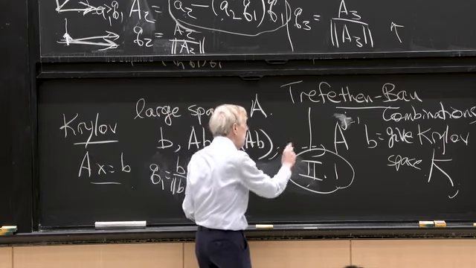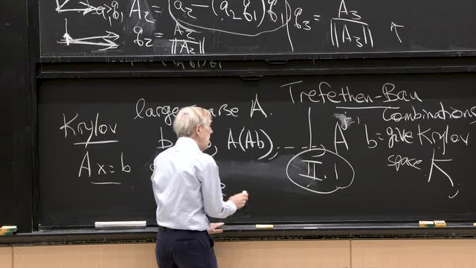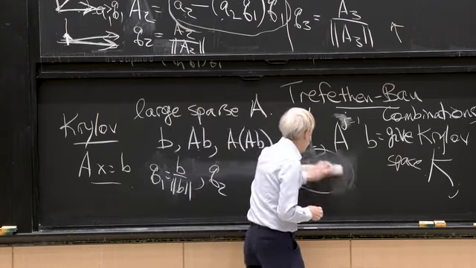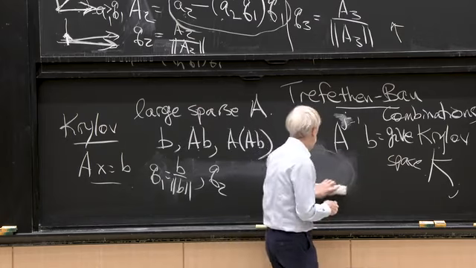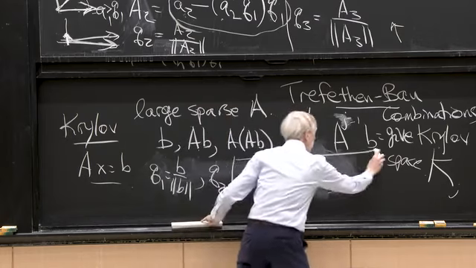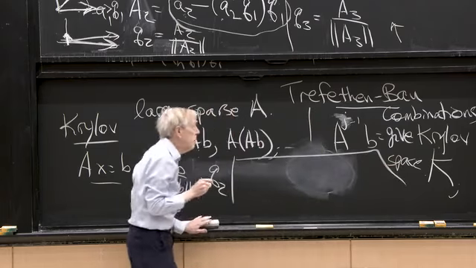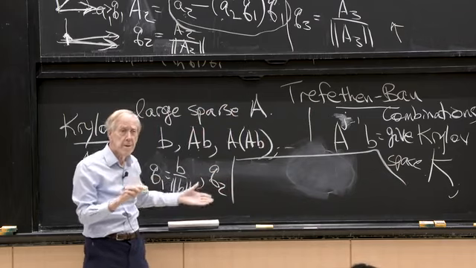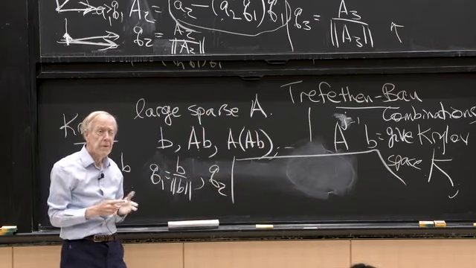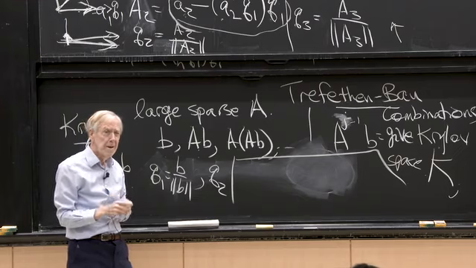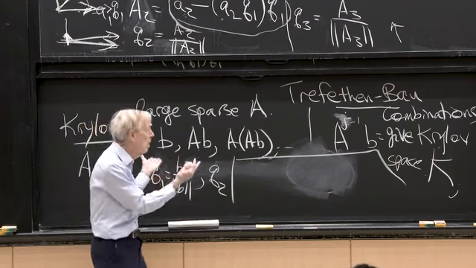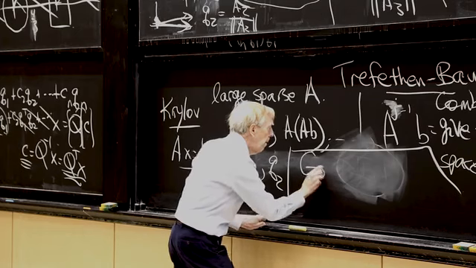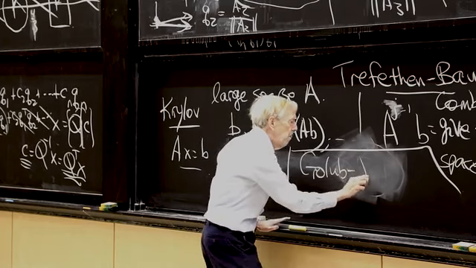So Trefethen and Bau is called Numerical Linear Algebra, and do you know the authors of the Bible of numerical linear algebra? It's 750 pages in its 4th edition. It's the Bible for all numerical linear algebra people, and it's written by Golub and Van Loan.